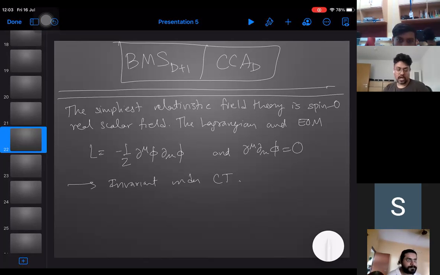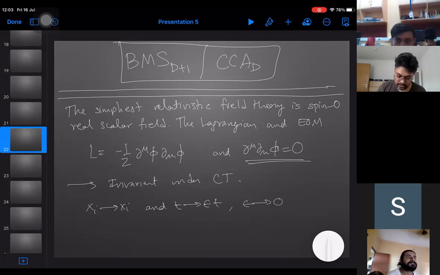Now, if you take the limit, for example the Carrollian limit, which I can write here as t goes to epsilon t with epsilon tending to 0, the equation of motion is again given by this plus del I pi square I is equal to 0.